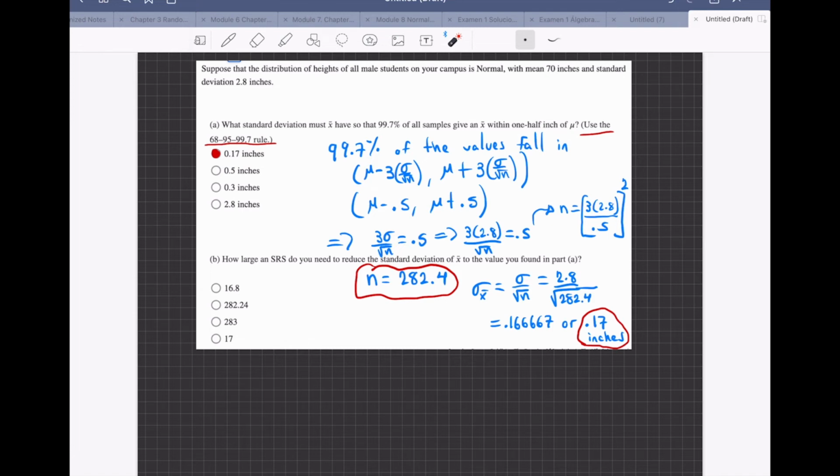It said we have to round it up to the nearest whole number. So in this case, it's going to be 283. There you have 0.17 and 283.